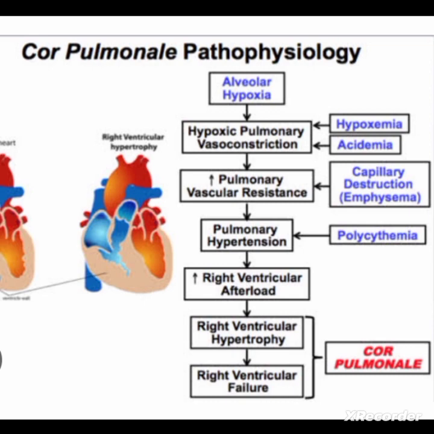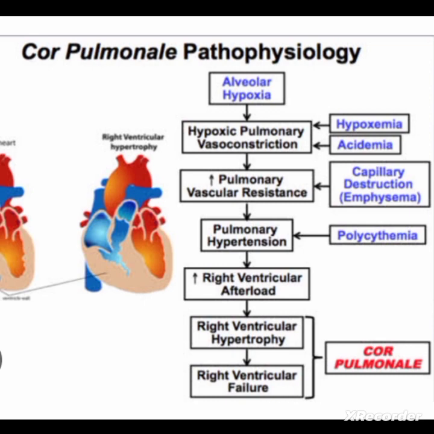In emphysema also, there will be increased pulmonary vascular resistance. When there is increased pulmonary vascular resistance, that leads to pulmonary hypertension. Polycythemia also causes pulmonary hypertension. That's why sickle cell disease is an etiology for cor pulmonale.